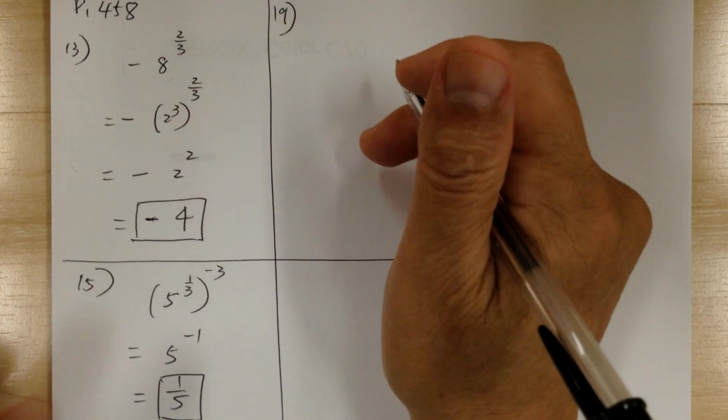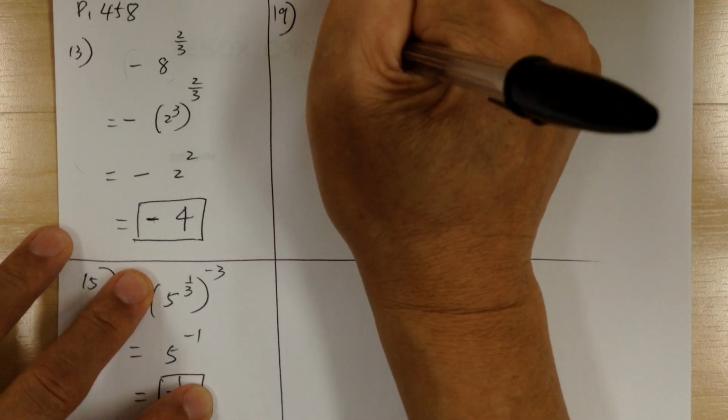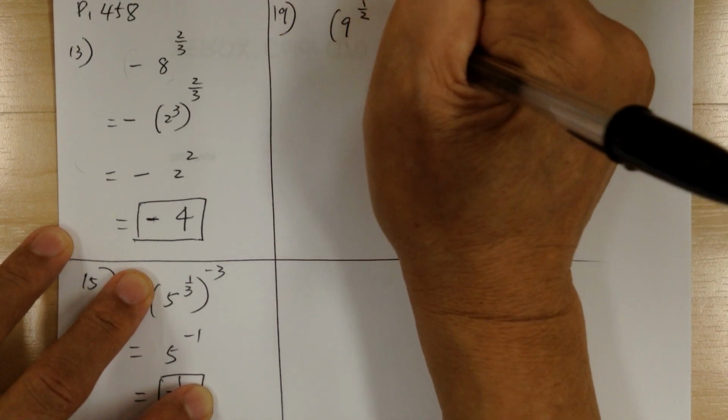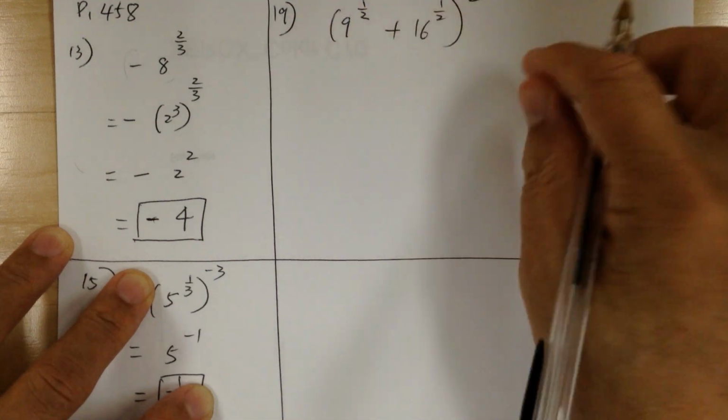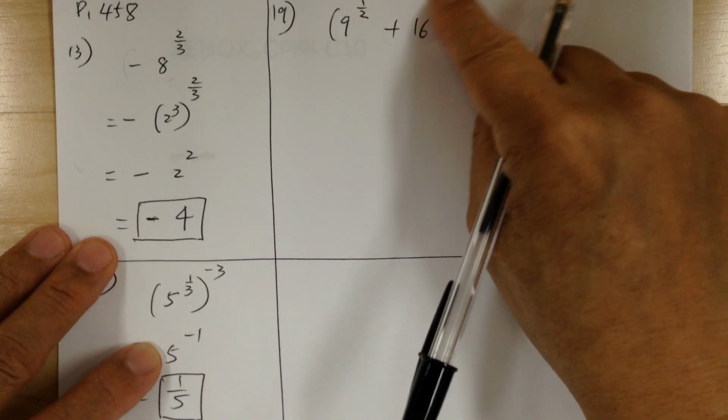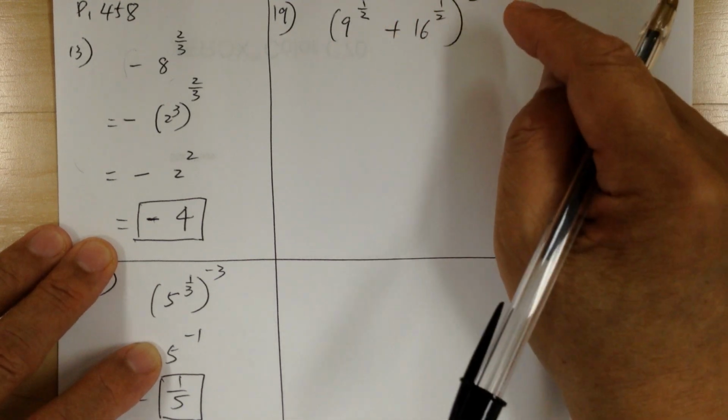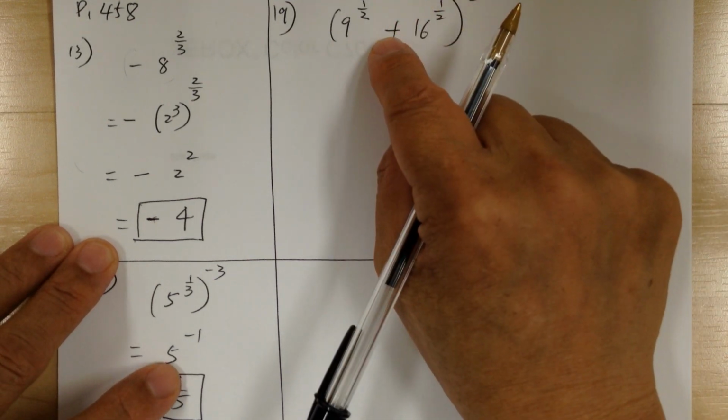Number 19. You have 9 to the 1/2 power plus 16 to the 1/2 power, all to the 2 power. Now you have to be careful, you cannot distribute this over the addition. You can distribute if it's a multiplication.